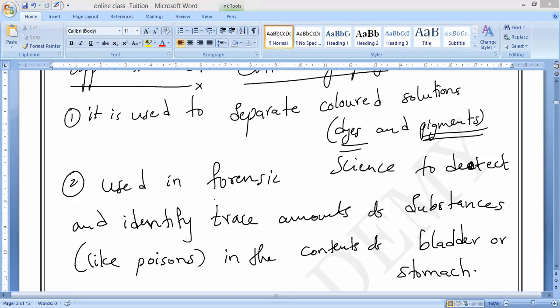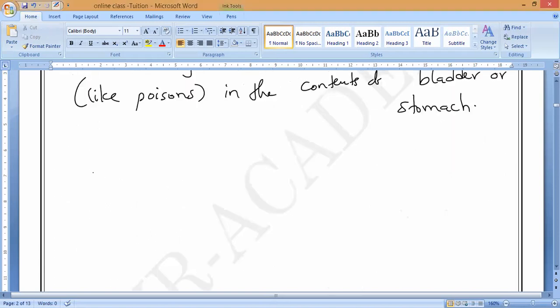Next, the third point. It is used to separate small amounts of products of chemical reactions. Actually, when I am doing practicals, we usually get around 0.5 grams, 1 gram, 5 grams of chemical reaction products. By that time we cannot use any other technique to separate because there is very little product.